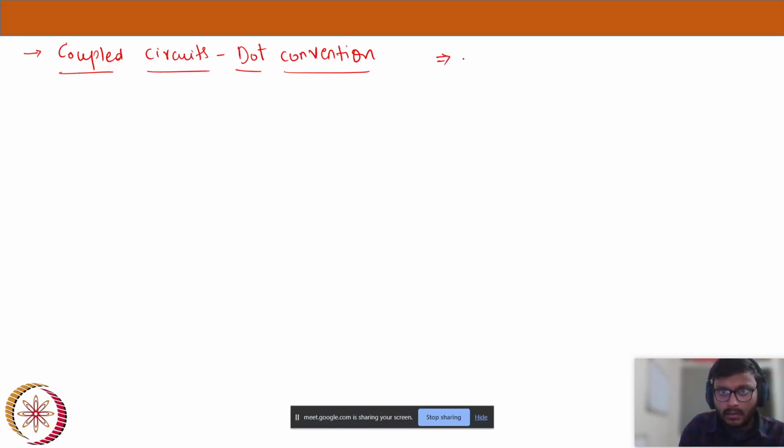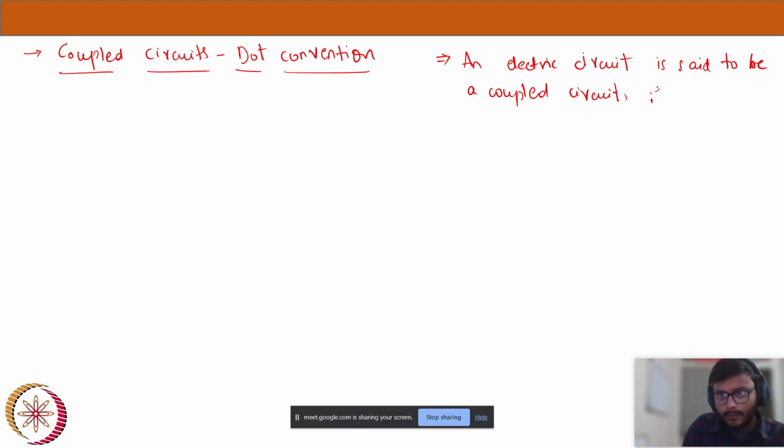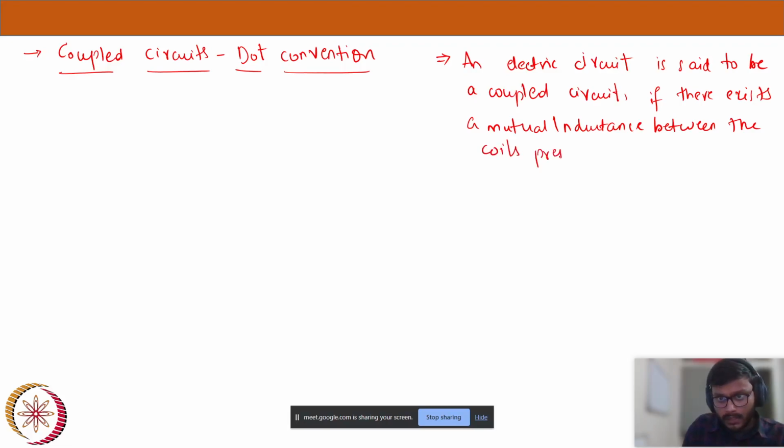Let me write it. An electric circuit is said to be a coupled circuit if there exists a mutual inductance between the coils present in that particular circuit.